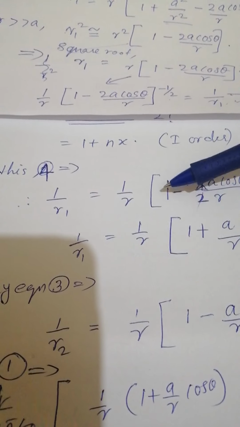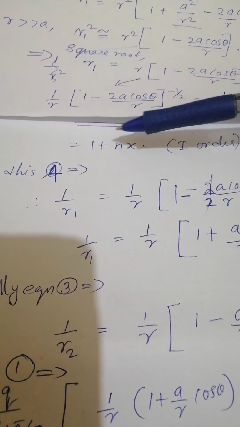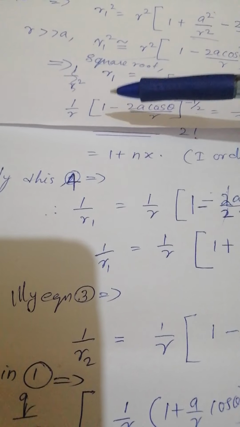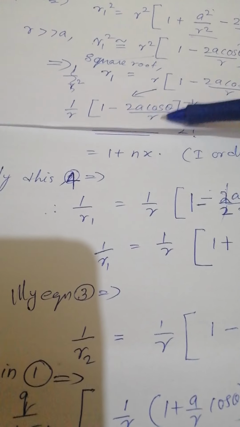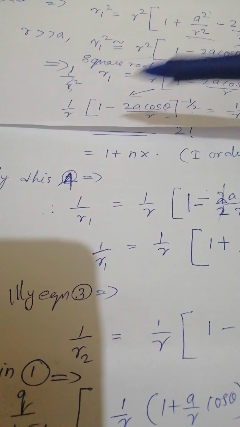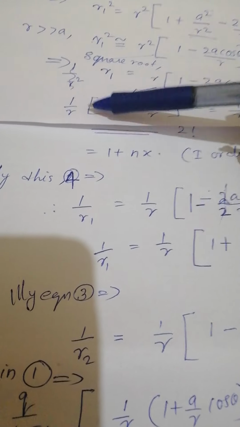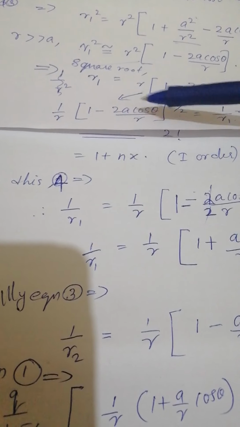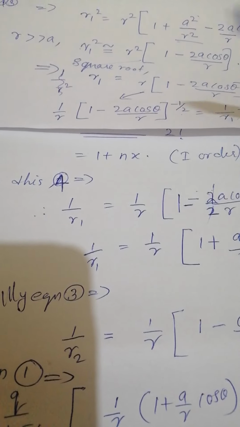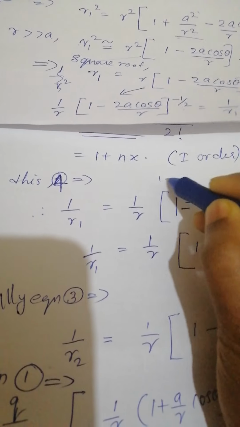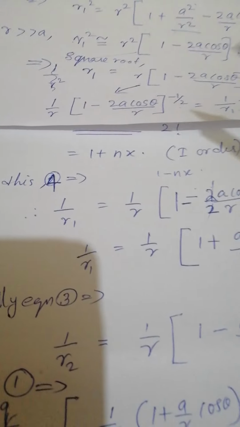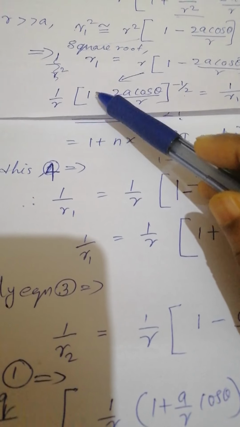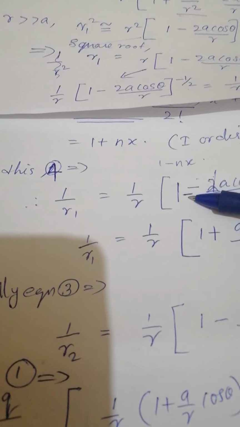Here it is 1 minus x whole raised to n. 1 plus x whole raised to n is 1 plus nx, and 1 minus x whole raised to n is 1 minus nx.